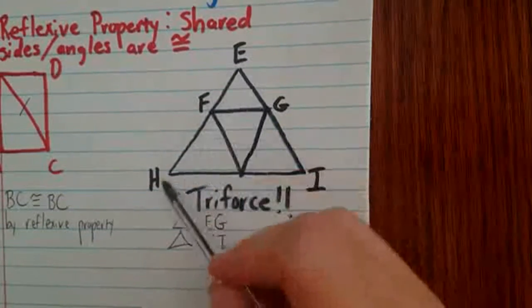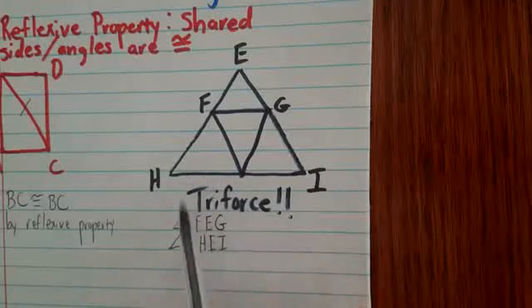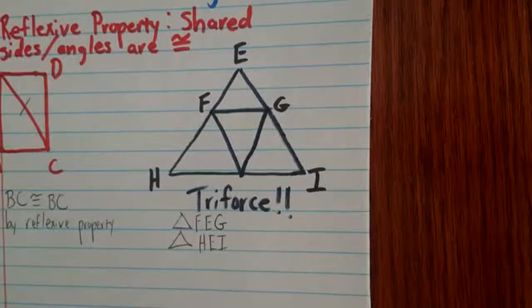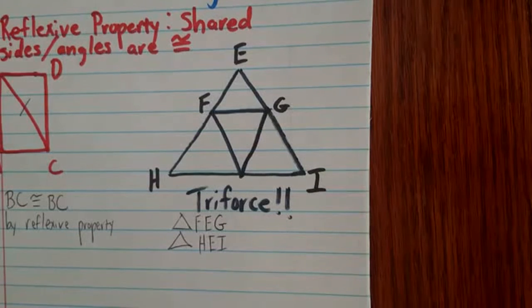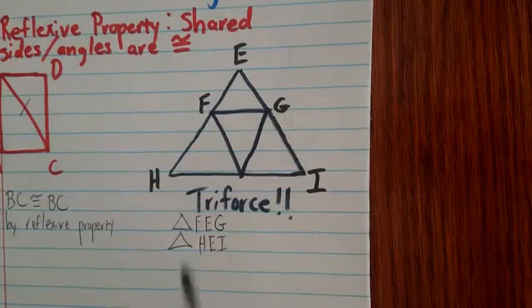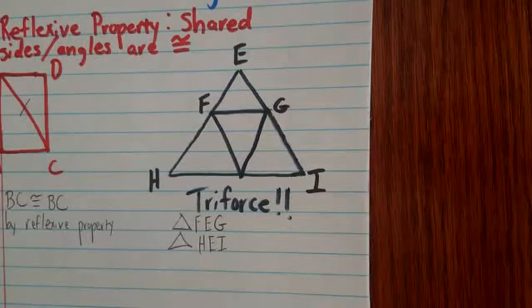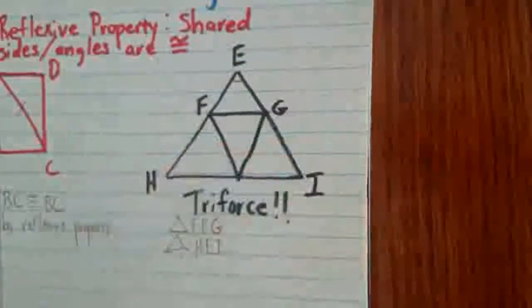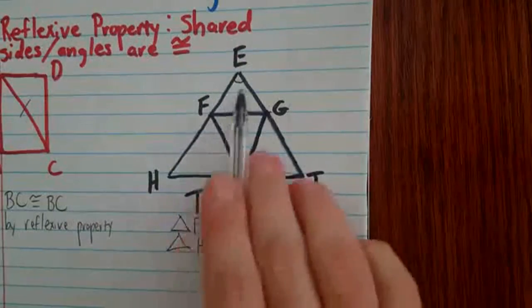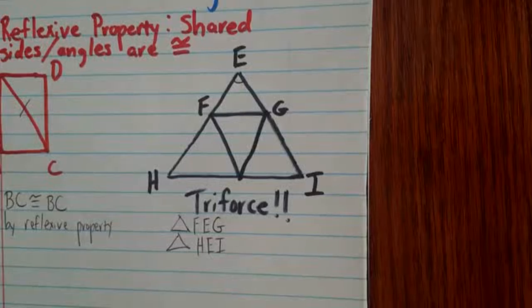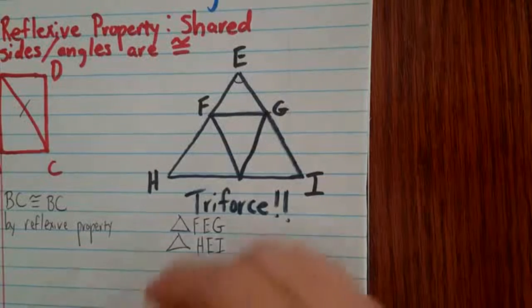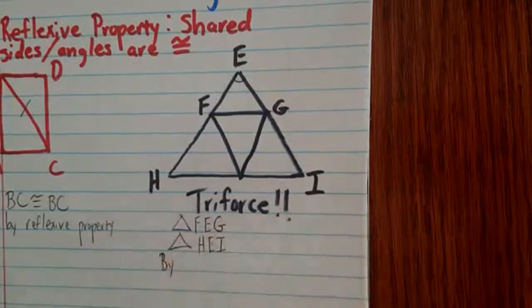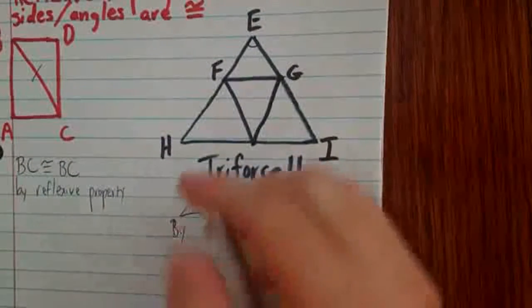And then that's this big triangle right here. So I kind of just wrote these down so that you can see which two triangles I'm going to be talking about. Well, I happen to notice that they both share angle E. So I can go ahead and use an arc right here to say that the two angles are congruent. That's what this means.